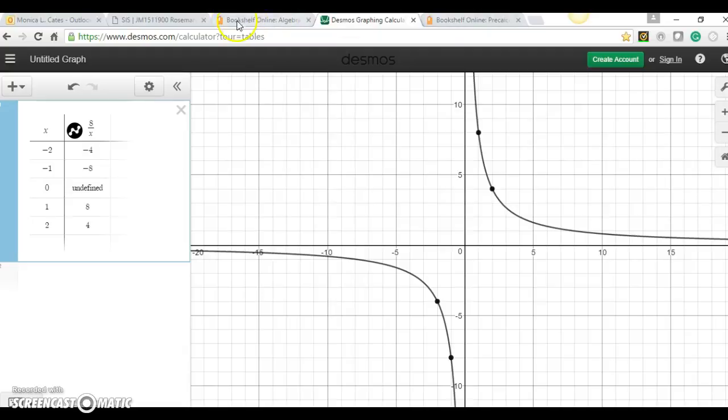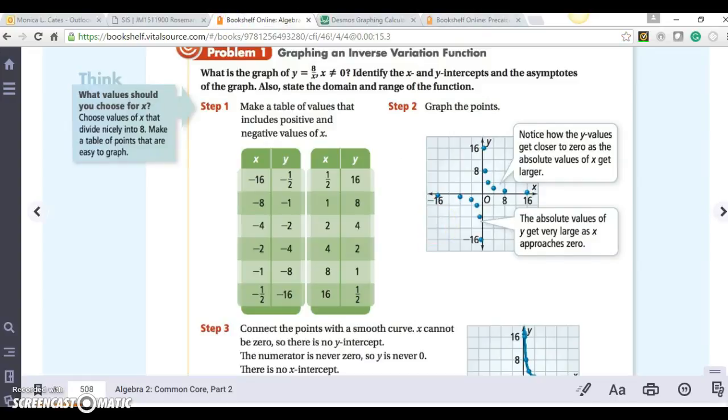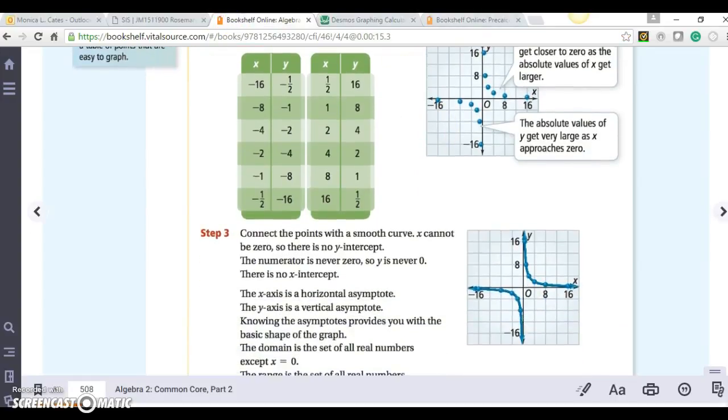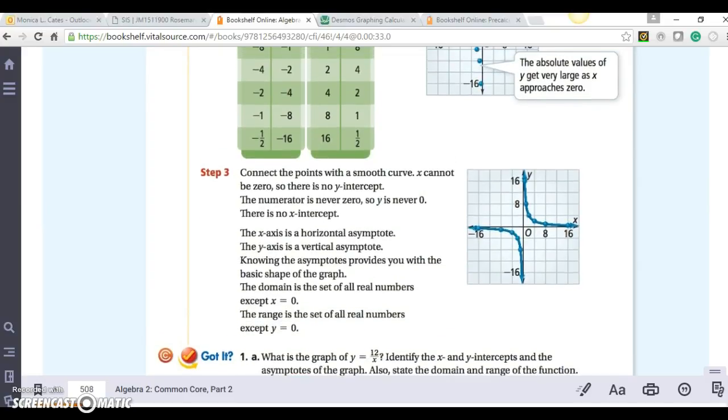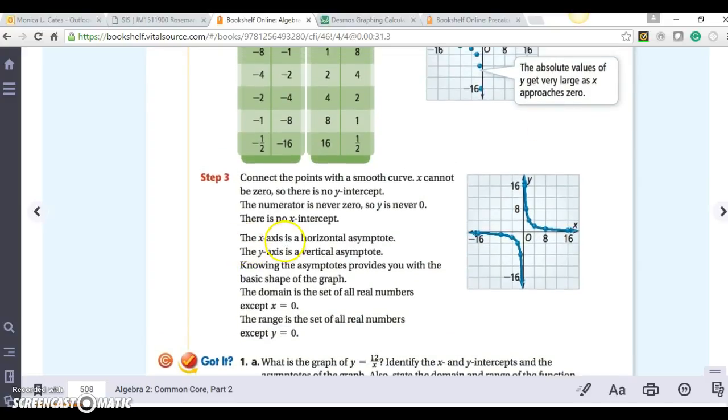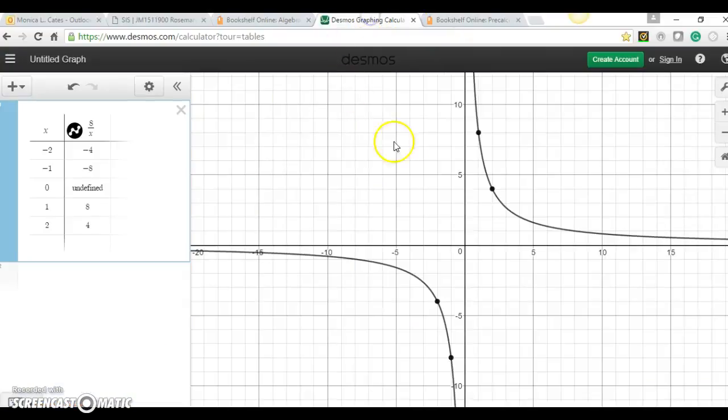Okay? So, going back to my book, they just went through and connected the points. And so we look at it, the x-axis has to be the horizontal asymptote because it's the place where, as you can see here, the graph gets closer to it, but doesn't touch because it can't equal 0.